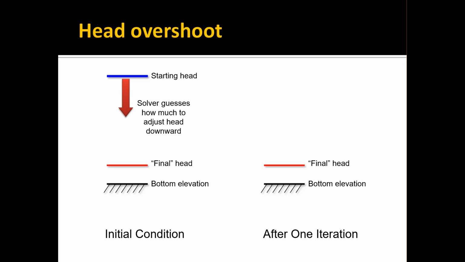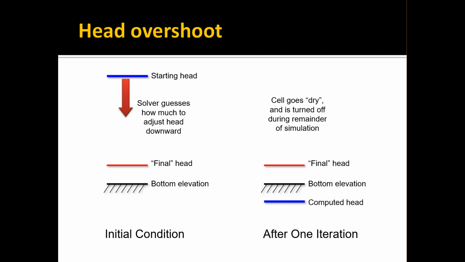What happens is the solver starts out with that starting head and it guesses how far it should move that down. It knows that it has to move it down, and it guesses how much. So it may move it too far.